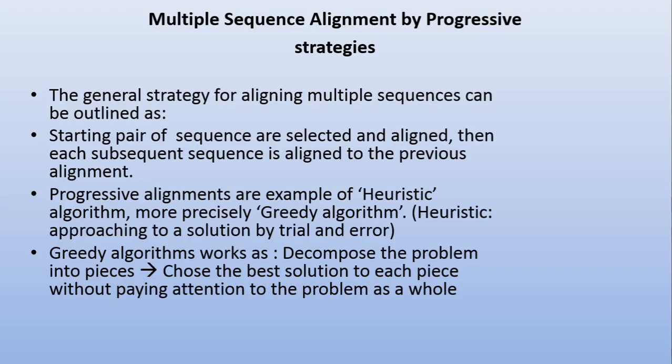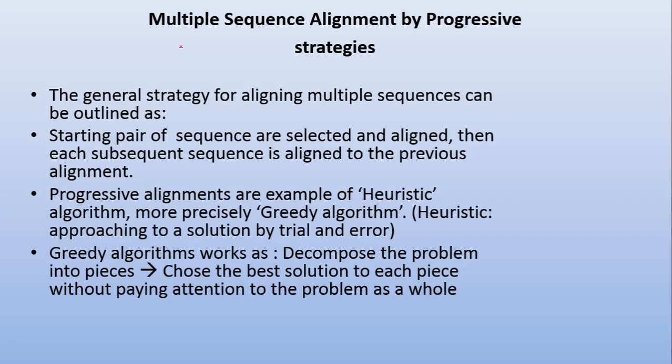Therefore we need to devise a new strategy that is more optimized for aligning multiple sequences, rather than simply relying on what we have learned in our previous lectures, like dynamic programming.